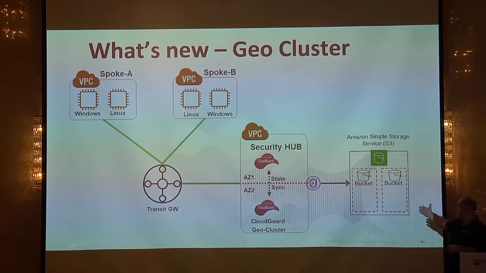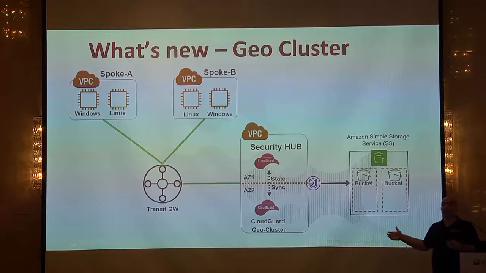I've seen customers asking to connect the S3 buckets to the hub, and then they have control over who has access to their S3 bucket coming from the spokes. You can decide that the Windows machines from both can go, but Linux won't. You can do that using the policy. You can do a policy that says spoke A has access, spoke B doesn't.